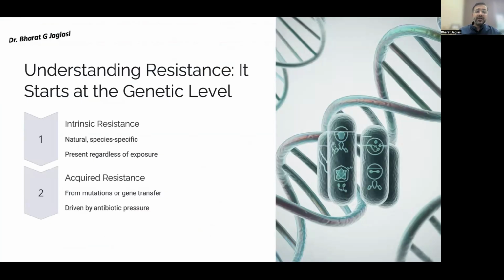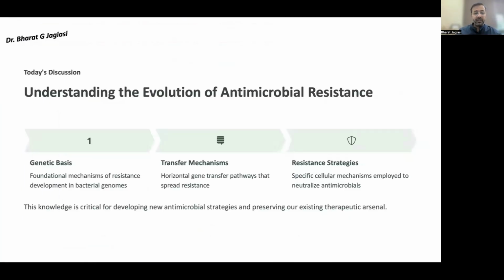When we spoke about the resistant mechanisms, we already spoke about this. There's something called intrinsic resistance, and also we have the acquired resistance. So in this talk, we're going to mainly talk on the acquired resistance, which comes from mutations or gene transfer and is driven by antibiotic pressure. The more the exposure to antibiotics, the more is the evolution of the organism.